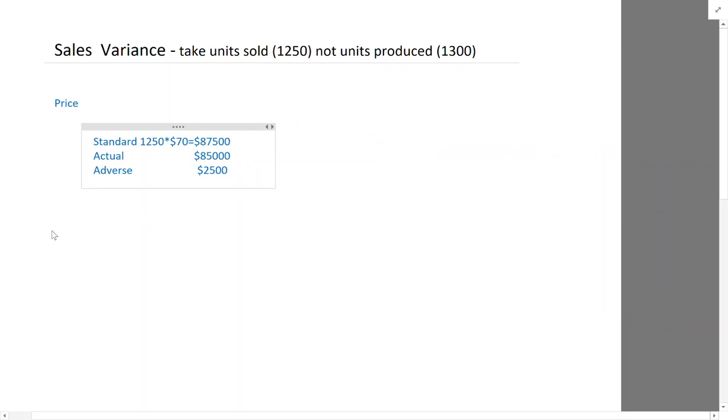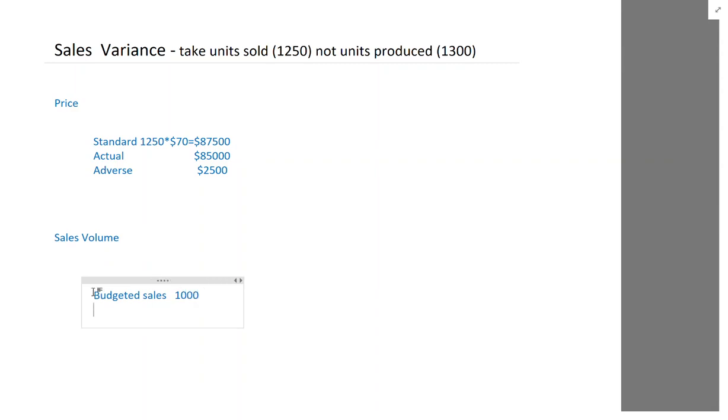Okay. Next we have sales volume. Okay. So in sales volume we say what was the budgeted sales, which is 1,000 production and sales, and actual sales, as you can see, it is a favorable. Yeah. So we have favorable 250.